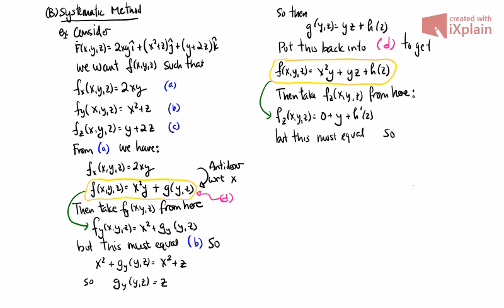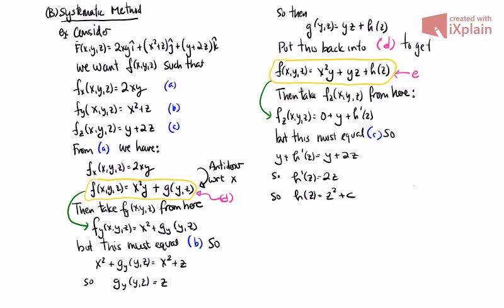I have the c back over here. So because they're equal, we know that y plus h prime of z is y plus 2z. So h prime of z is 2z, so h of z is z squared. Now I can write plus c. So now this guy goes back into, let me label this pink as well, this guy e.